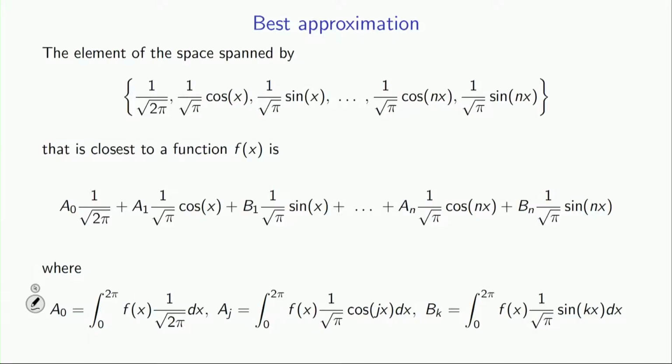Now, for applications, it seems a little inconvenient having all of these 1 over square root pi's floating around. So people have come up with a different way of writing things. They've incorporated these constants, 1 over root pi, into the appropriate a or b constants.